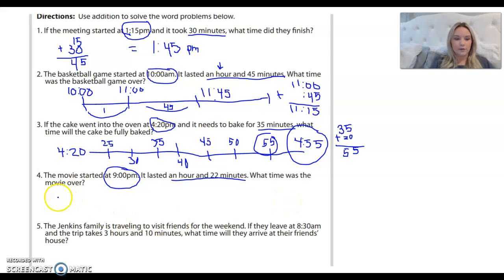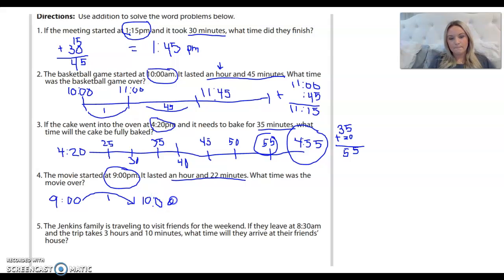Okay, so it starts at 9 o'clock exactly on the dot. It's going to jump an hour. So if I add 1 hour, that now becomes 10 o'clock. But now I have to add 22 minutes.